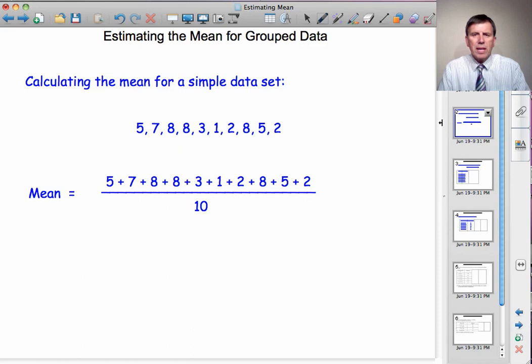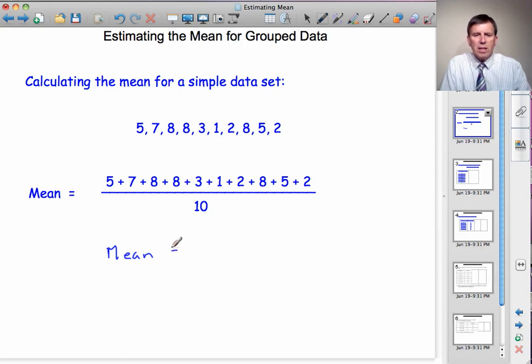To begin then, I have here a simple data set consisting of 10 items. To find the mean, we simply add the items together and divide by how many items there are. Divide by 10. So the mean is given by 5 plus 7 is 12, 12 plus 8 is 20, plus 8 is 28, plus 3 is 31, plus 1 is 32, plus 2 is 34, plus 8 is 42, plus 5 is 47, plus 2 is 49.